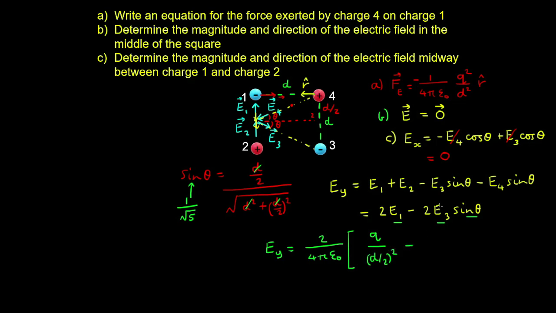And then minus E3, so the charge magnitude is again Q, over the squared distance to the charge, which is d squared plus d on 2 squared by Pythagoras' theorem. And that's multiplied by sine theta, which is 1 on root 5.